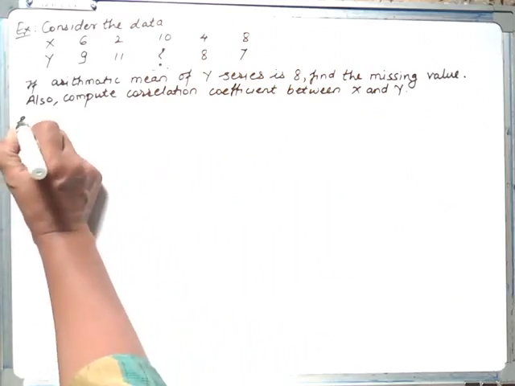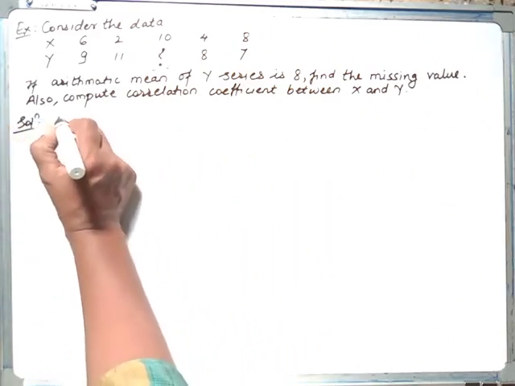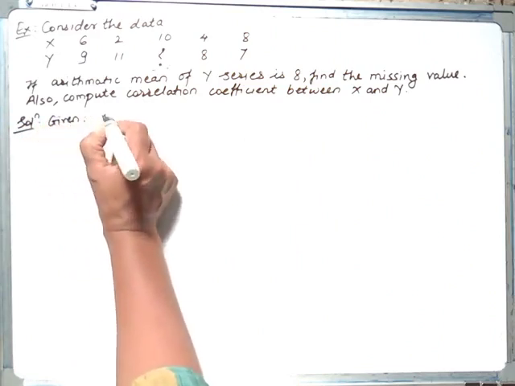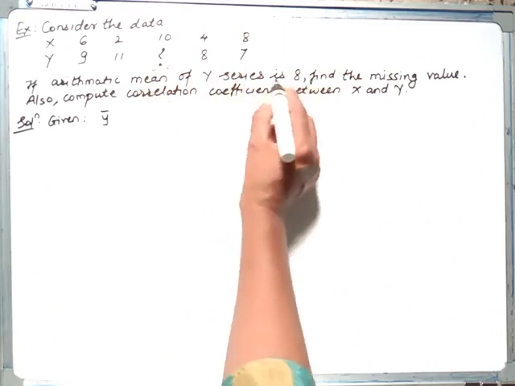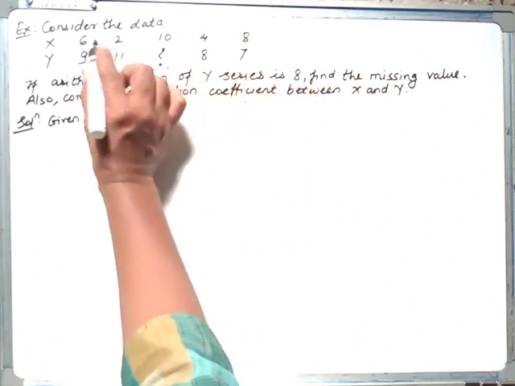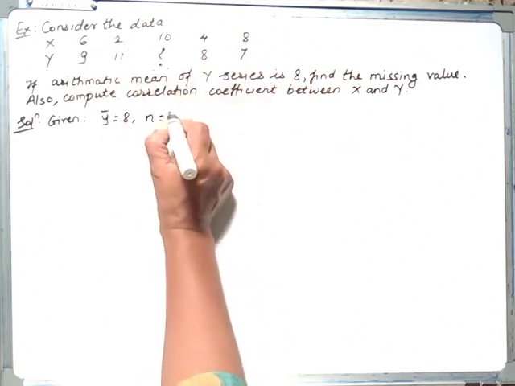Solution. What is given to us? Y bar is given. The arithmetic mean of this series is 8. What is n? If we see, n is equal to 5.